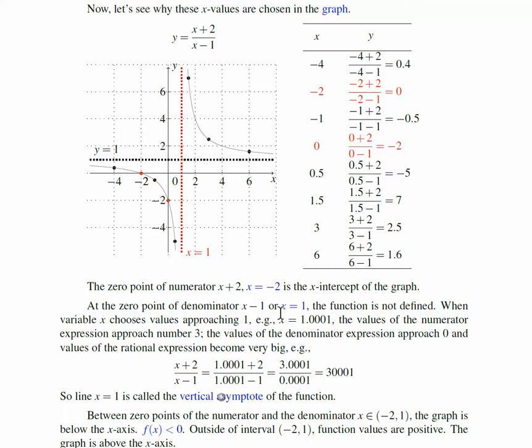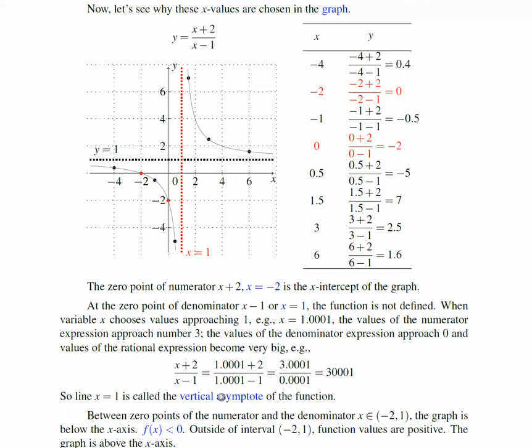You see again the zero point. This is for the numerator. One more time. When x is 1, you get a vertical asymptote. Why?